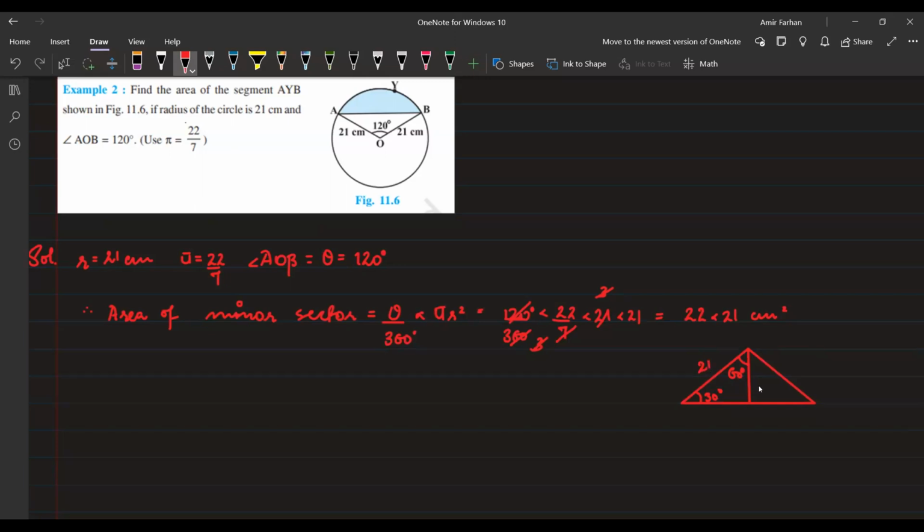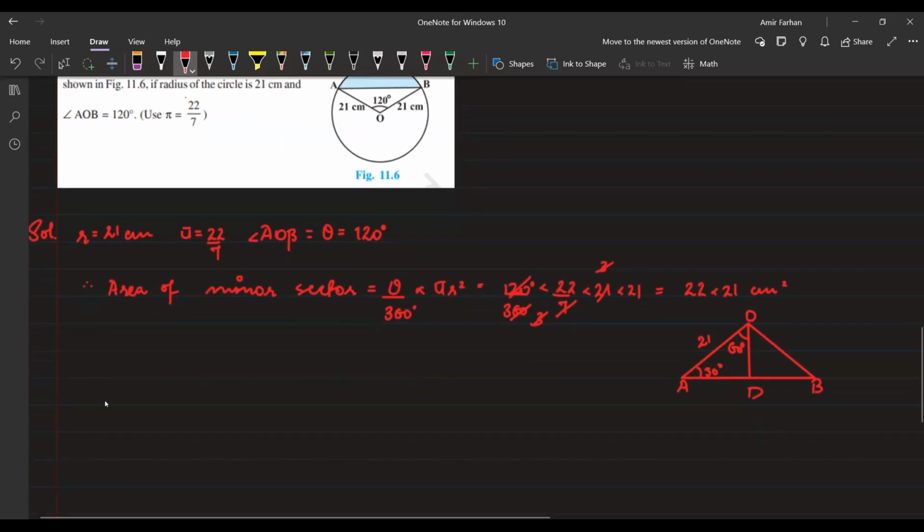Okay. So now what we need to do is that I have the value of sine 30, and I can easily calculate the value of this OD. Suppose this is O, D, this is A and B. If you see this, sine 30 is equal to OD by OA.